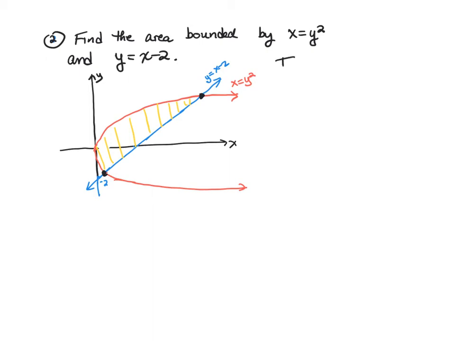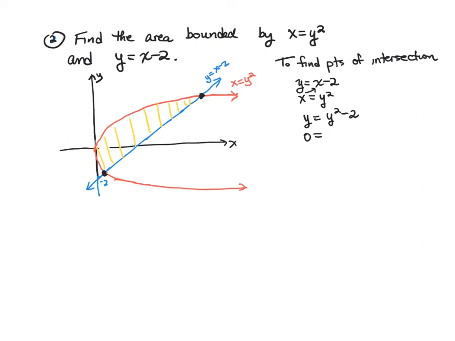So to find points of intersection, if we have y equals x minus 2 and x equals y squared, there are lots of ways to solve, but I think I wrote that backwards. x equals y squared. What we could do is substitute the y squared directly into the line. So we have y equals y squared minus 2.